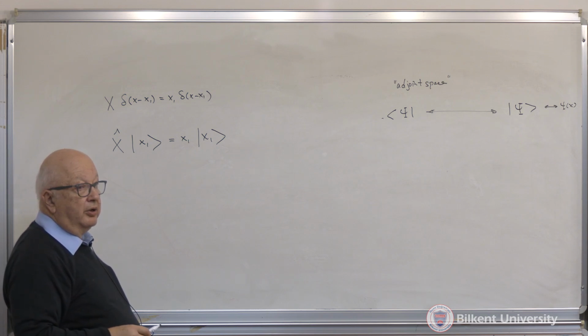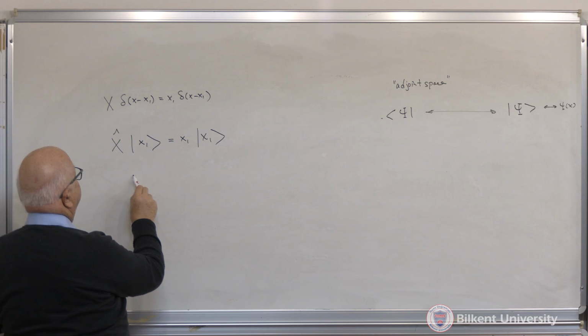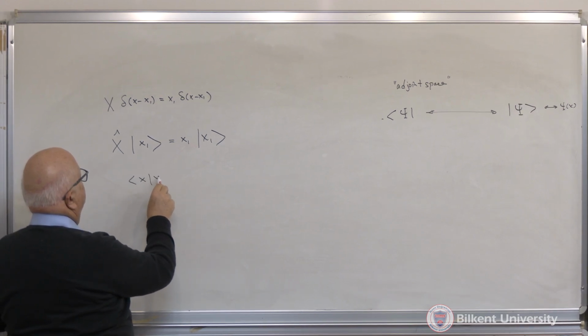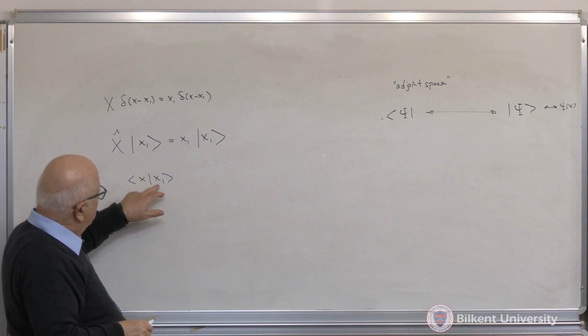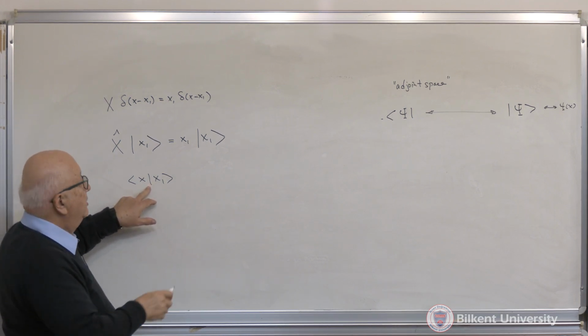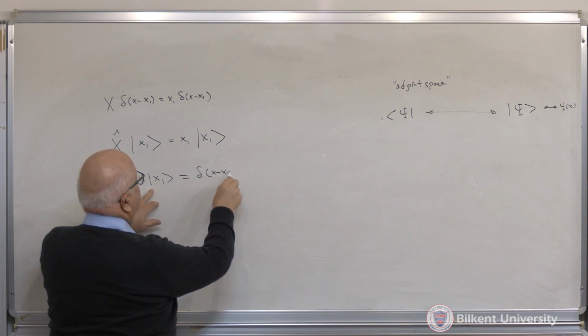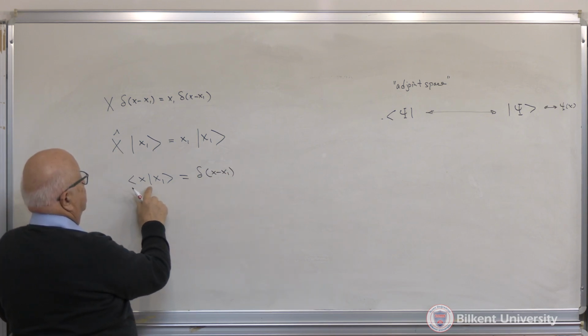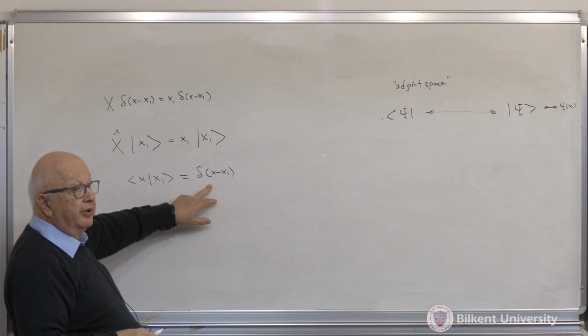If I now go to the x basis, <x|x1>, it almost tells you what it should be. It is delta(x minus x1) because this is an orthonormal basis, and that's what you get.